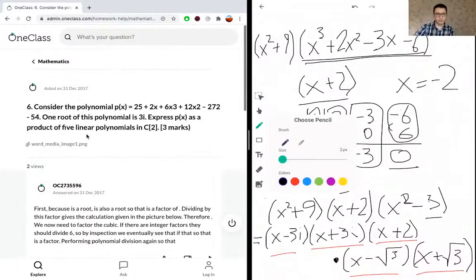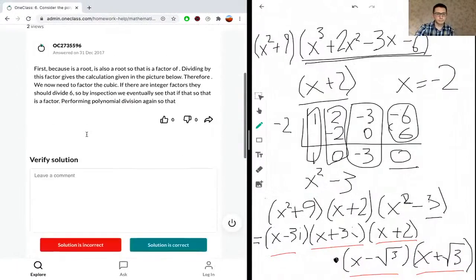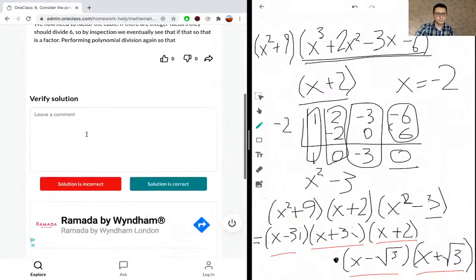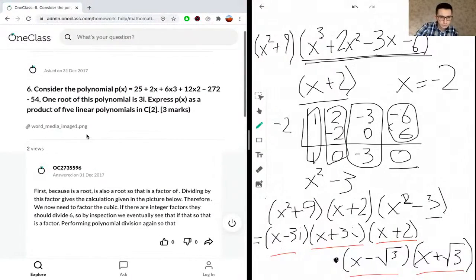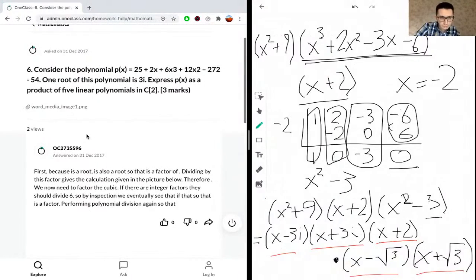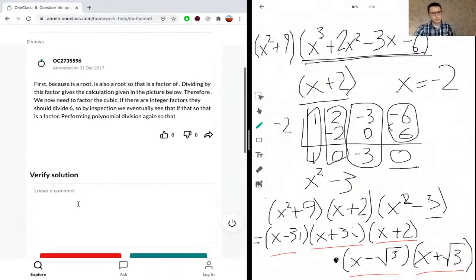So let's look at the solution here to verify. Okay, so this is an incomplete solution.